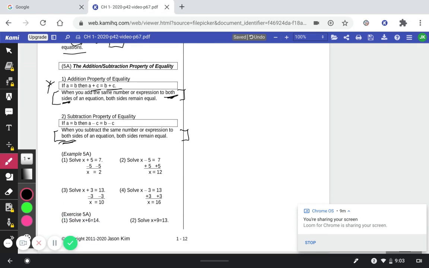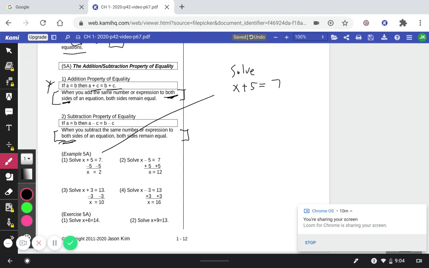So why are we learning these two properties? Well, like in 5a, they want to solve x plus 5 equals 7. The way you solve it is by doing something called inverse operation with the side with x. Right now, on the left side, we have x plus 5.